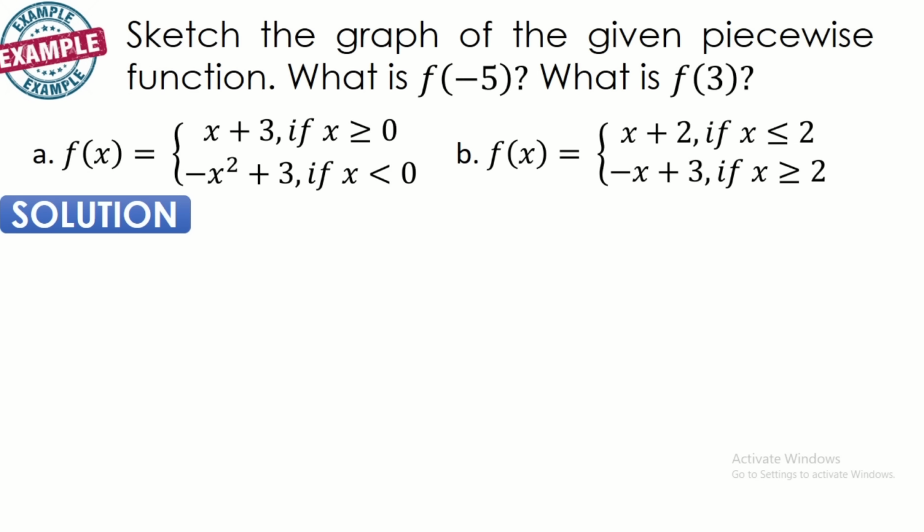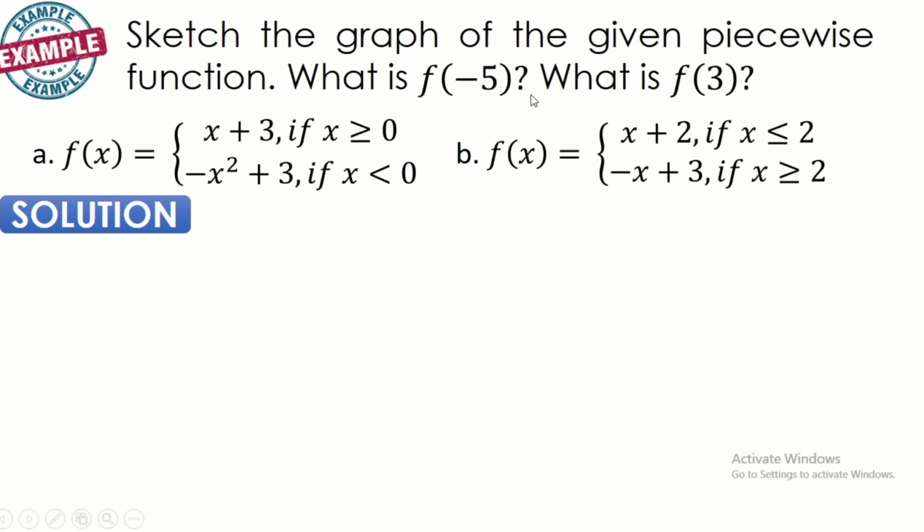Ito. Sketch the graph of the given piecewise function. What is f of negative 5 and what is f of 3? For letter A, f of x is equal to x plus 3 if x is greater than or equal to 0, and negative x squared plus 3 if x is less than 0.